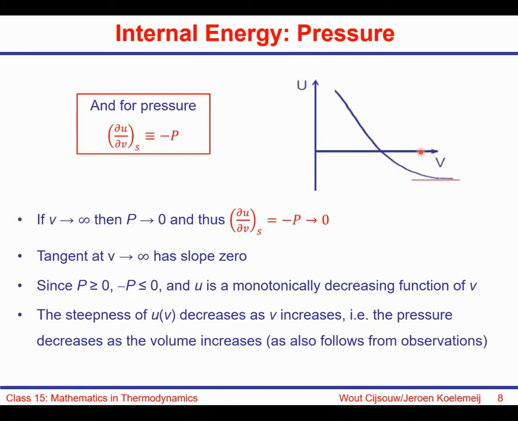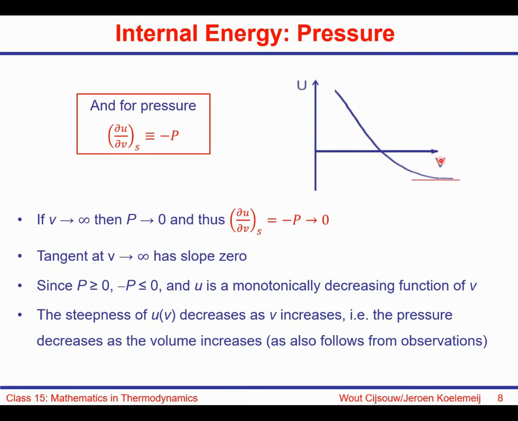We also see from the behavior of U that the steepness of the slope gets smaller and smaller as V becomes larger. And the steepness of the slope, and I'm talking about the absolute value here, is basically the same as the pressure, which means that because this curve is getting less and less steep, the pressure goes down and down.